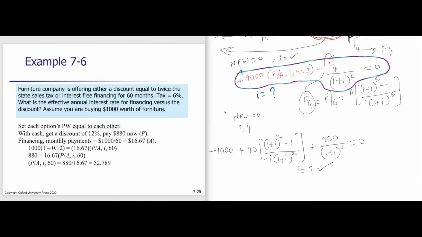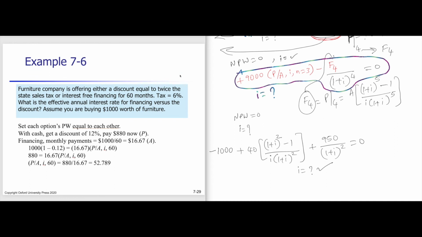If we pay in full cash, we can avail the discount, which is twice the state sales tax. Assuming tax is 6%, we get 12% off if we buy $1,000 worth of furniture.